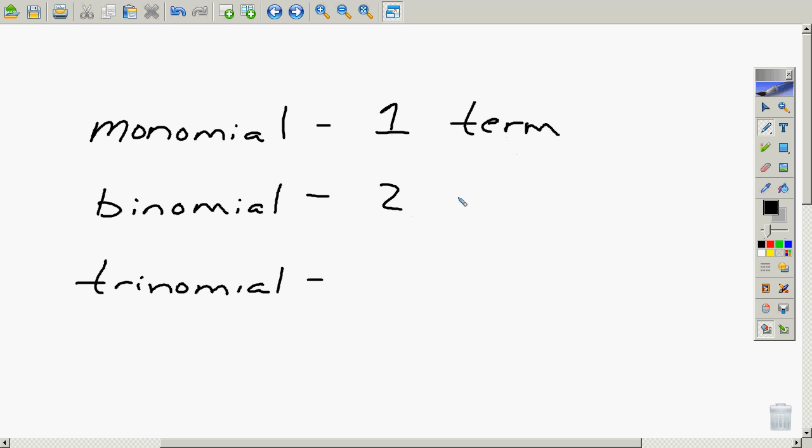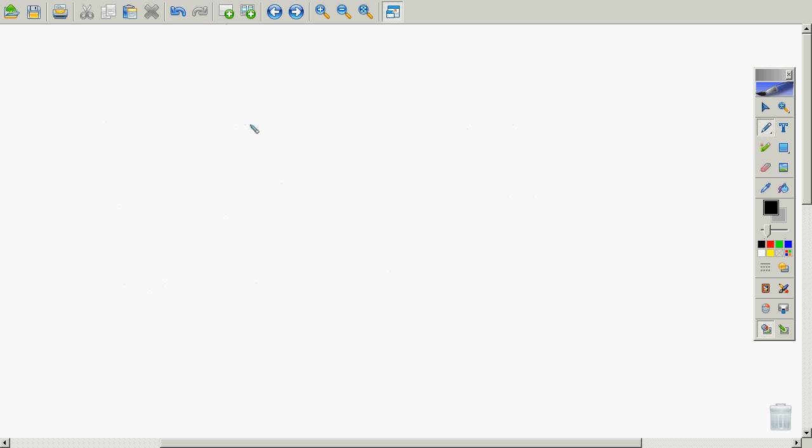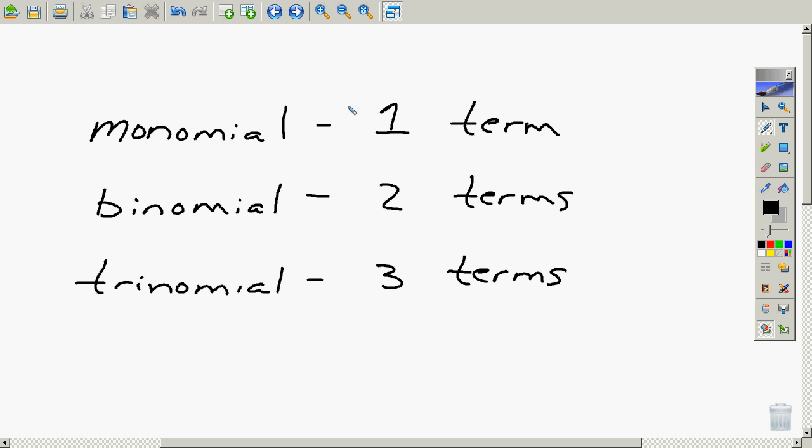A binomial has two terms. A trinomial has three terms. And that's as far as we'll go with the terms. Okay? If at any time as we're doing these, like if you didn't like that I just went to that new page, of course you can pause this at any time and go at your own pace here.